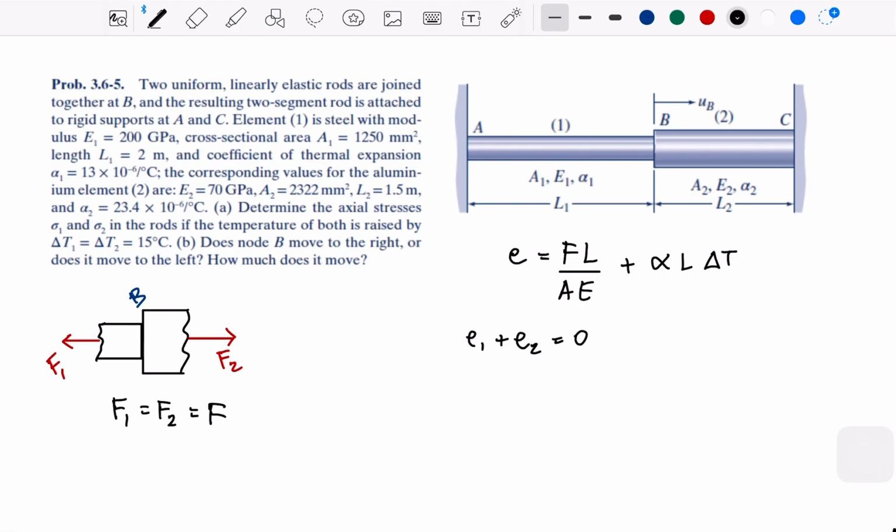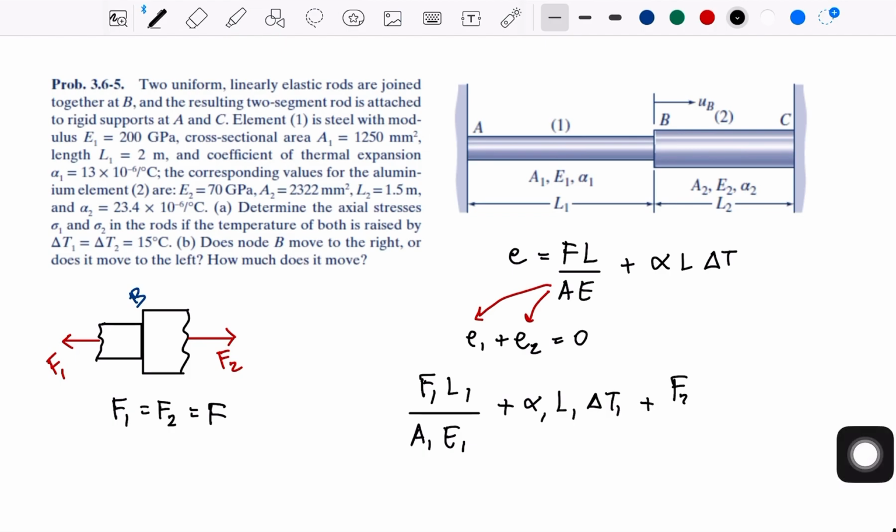So we put our formula into both delta 1 and delta 2: F1 L1 over A1 E1, plus alpha 1 L1 delta T1, plus F2 L2 over A2 E2, plus alpha 2 L2 delta T2.